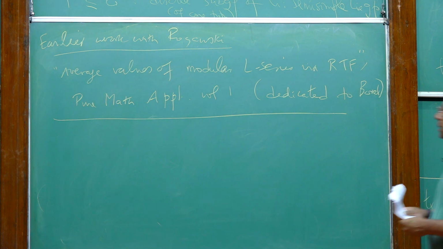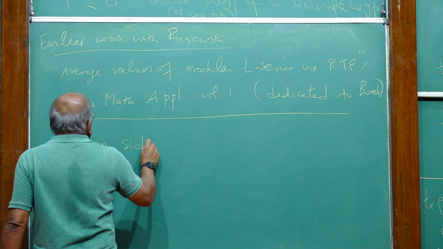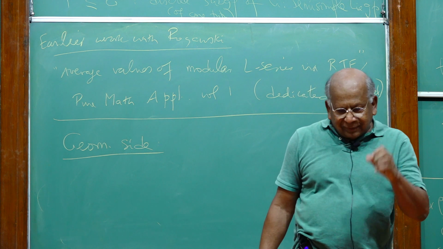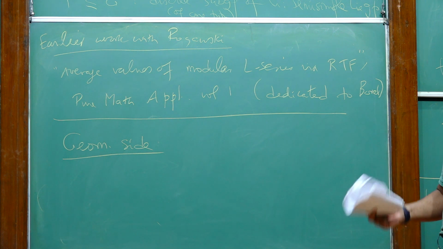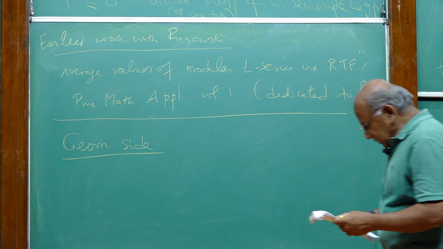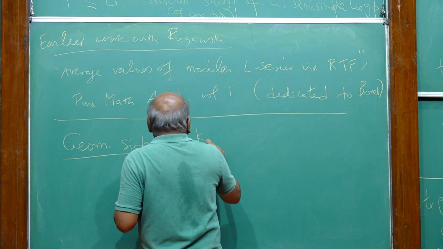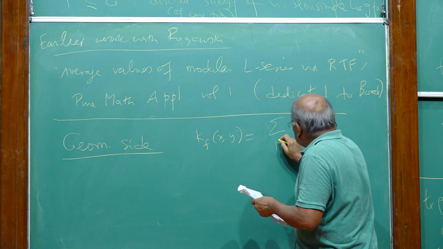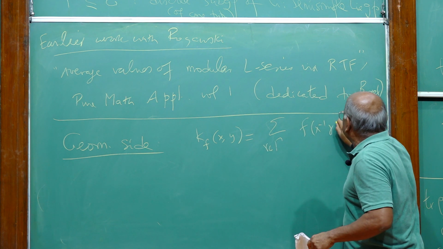And I should also say, what about the geometric side? The main reason people look at trace formula is you have the spectral side and the geometric side. So when you compute something interesting two different ways, then it's very useful. Okay, the geometric side. So remember, the kernel function is f of x inverse y gamma y.